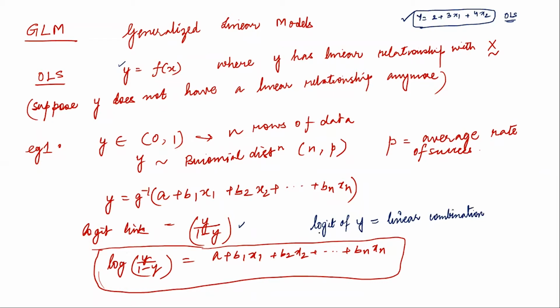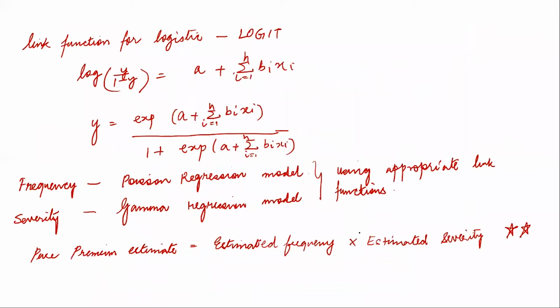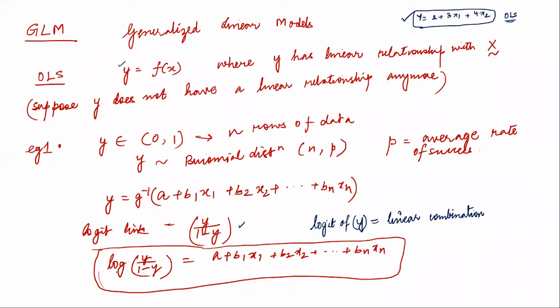You can't say that y has a linear combination for sure, but if you apply the logit function on y, then the logit of y has a linear combination. So this becomes a generalized linear model. The moment I write log of y divided by 1 minus y equals a plus b1 x1 plus b2 x2, this is an example of a GLM.